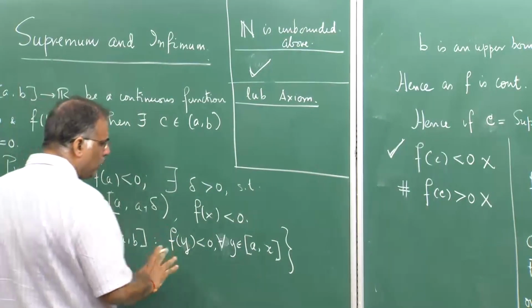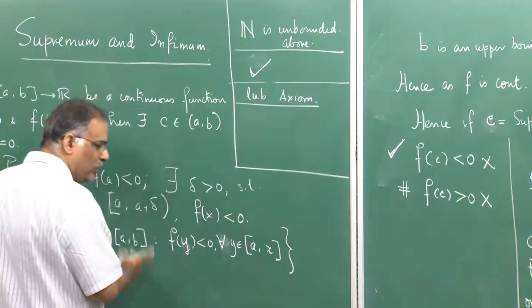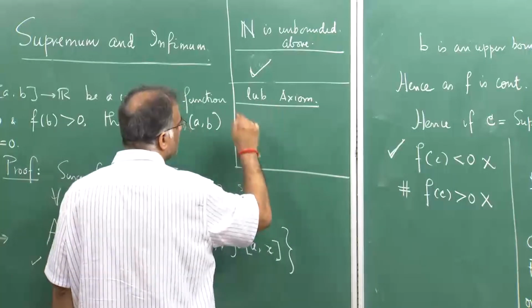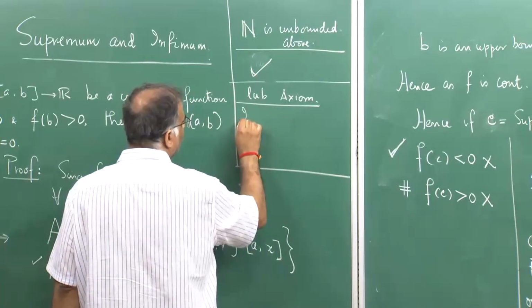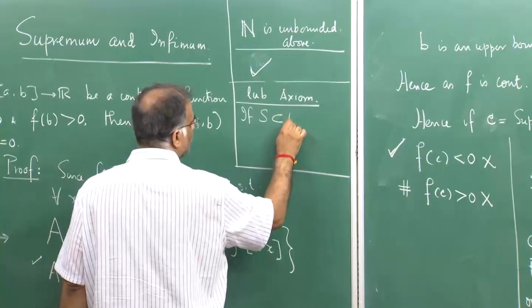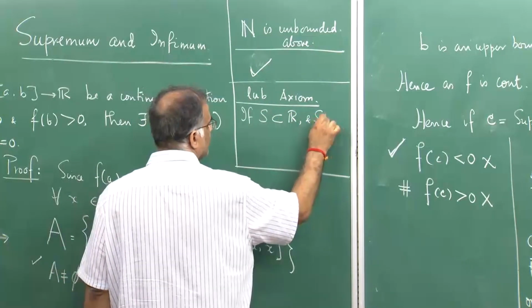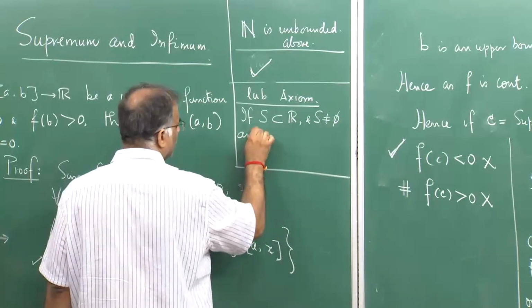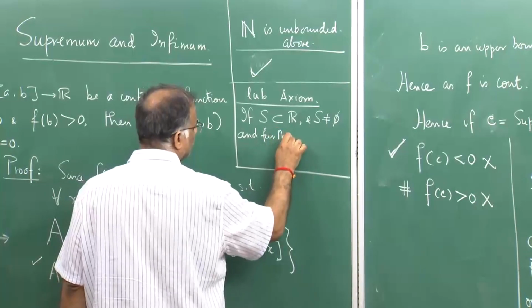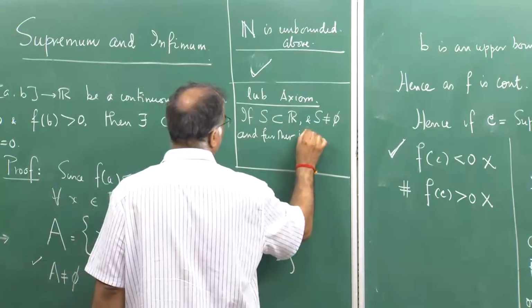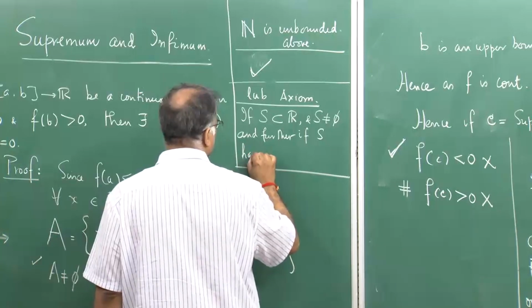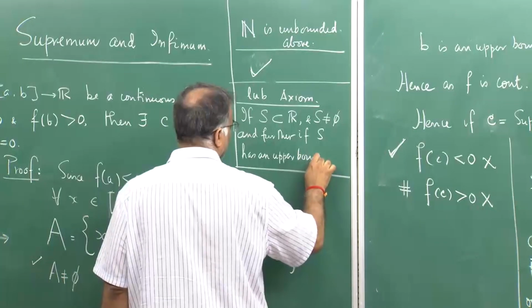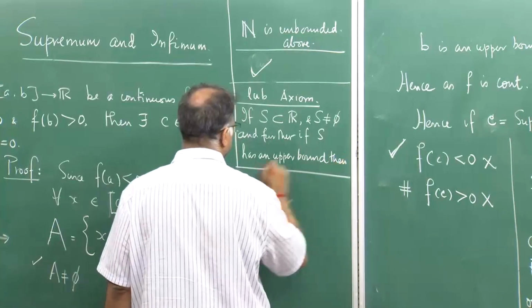So, without the notion of an upper bound existing, there cannot be any notion of a least upper bound. You have to keep that in mind. So, I am writing it in a very precise way: if S is a proper subset of R and S is not equal to phi, and further, if S has an upper bound, then it has a least upper bound.